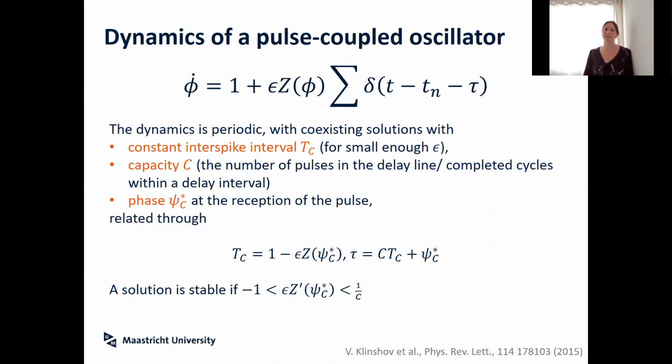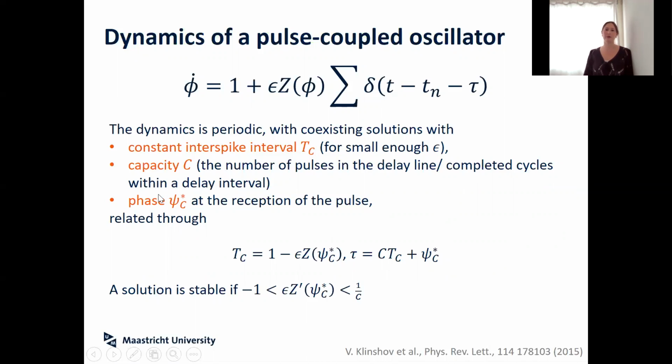And typically what is measured for such oscillators is the interspike interval, or the spike timings. Now we concentrate on the regime with regular spiking solutions, meaning that the interspike interval is constant. Such a regular regime is characterized not only by the interspike interval, but also the capacity, C, which is the number of spikes that are stored in the delay line, or equivalently, the number of completed cycles within a delay interval.